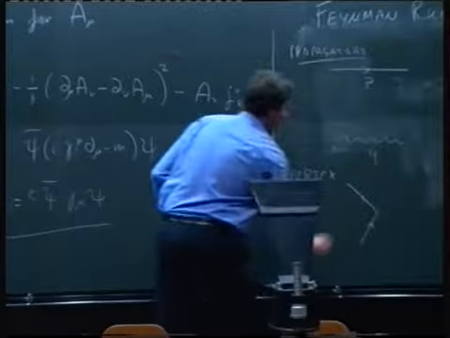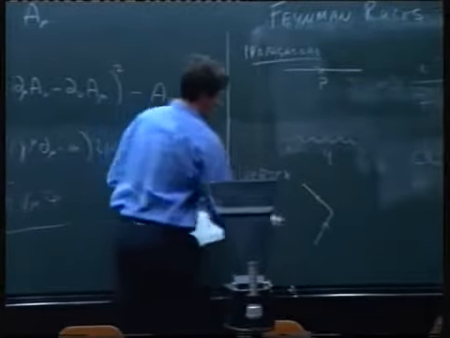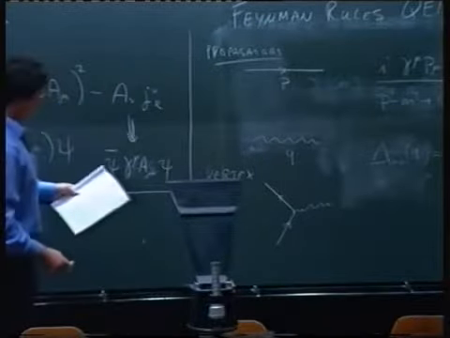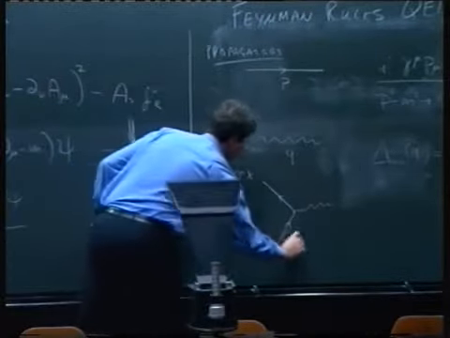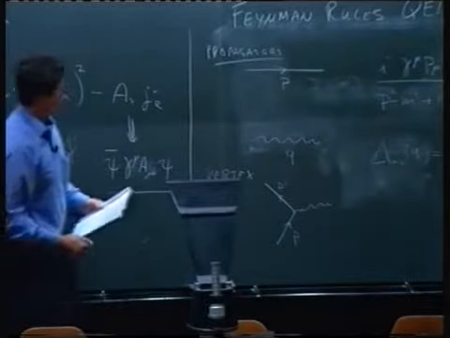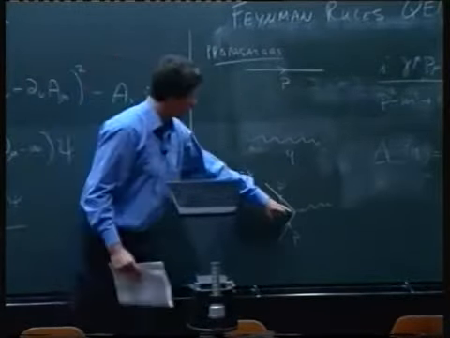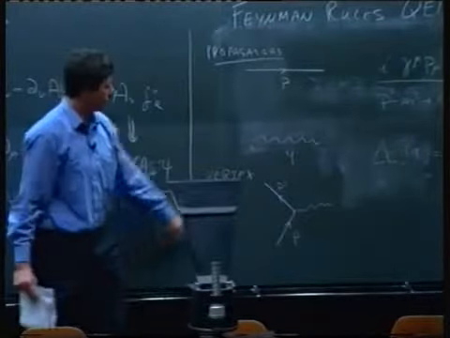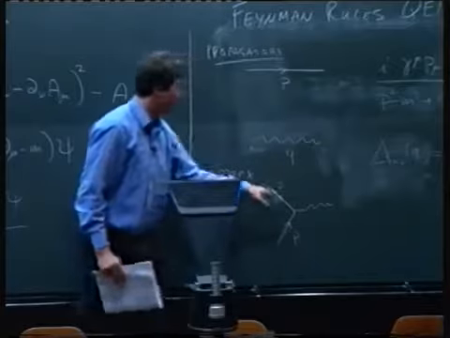I have two electron lines and one photon line coming together. And there's a momentum P and momentum P prime here. And at this vertex we always should have momentum conservation, so the momentum of the photon is the difference between P and P prime.